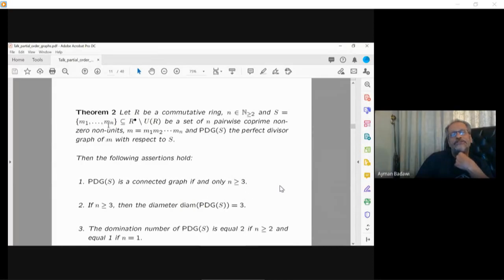So you should have at least 3 things in here for the graph to be connected. The diameter of this graph, which is kind of interesting, maybe or maybe not, is 3. So the diameter is 3, fixed. Okay?